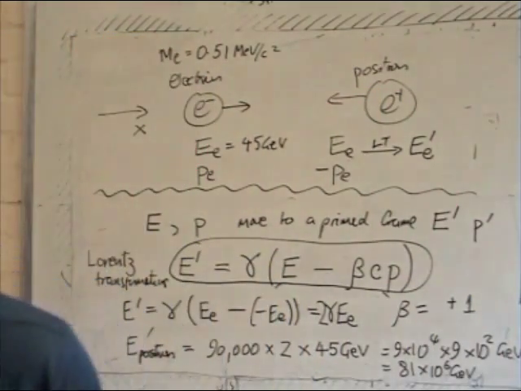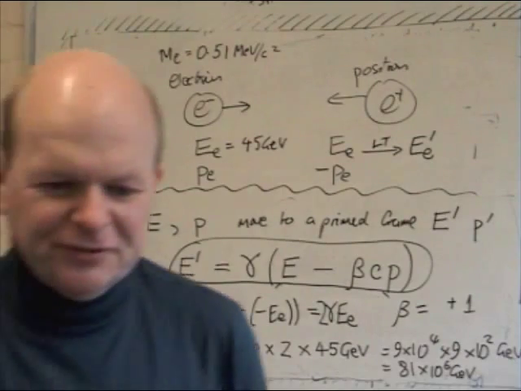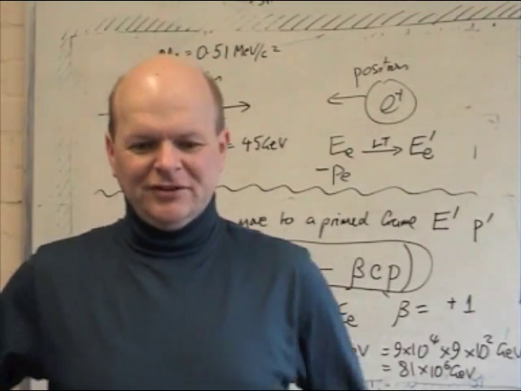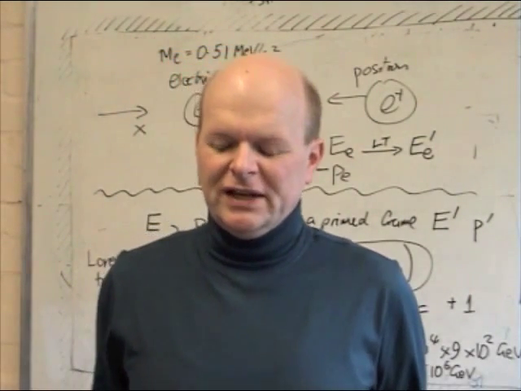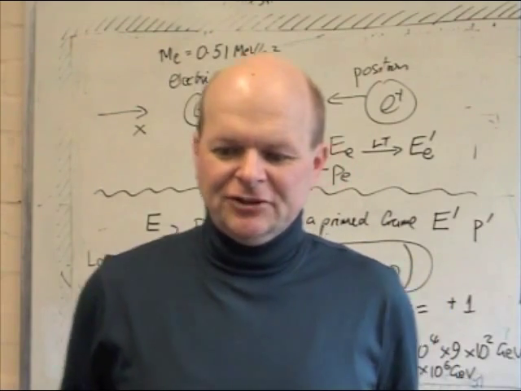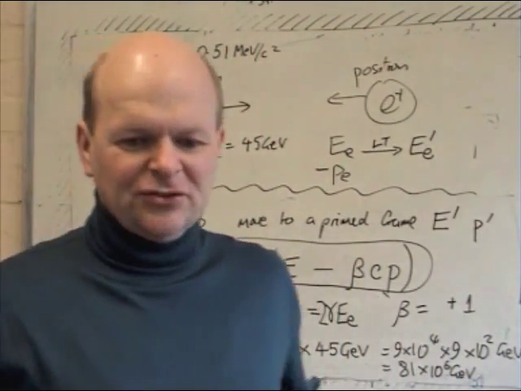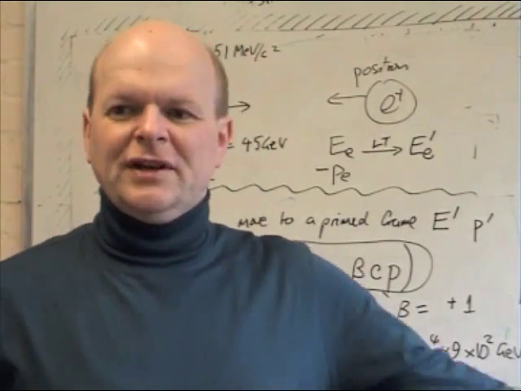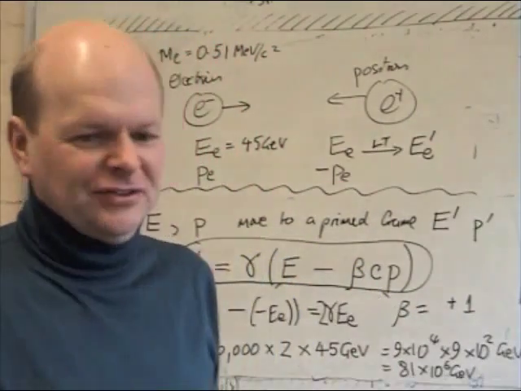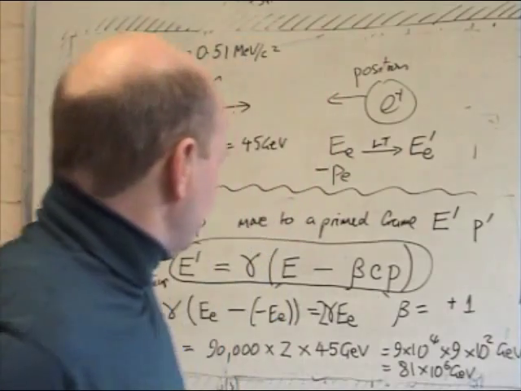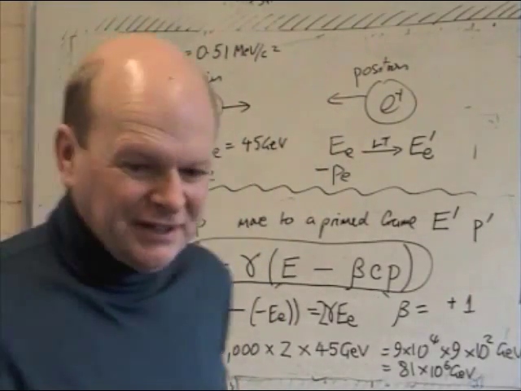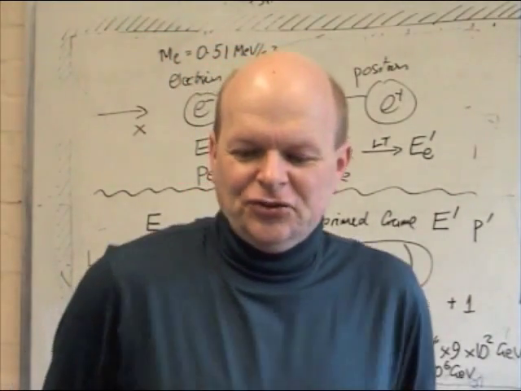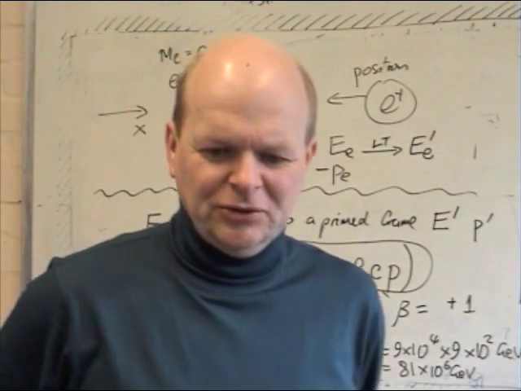What that tells you is that you never want to build a fixed target accelerator to make Z0 bosons, because in order to create a Z0 boson out of an electron-positron pair with the electron at rest, because of special relativistic effects, the positron threshold energy to do that isn't 90 GeV, it's 81 million GeV. And you try getting the funding to build that thing, I guarantee you won't.